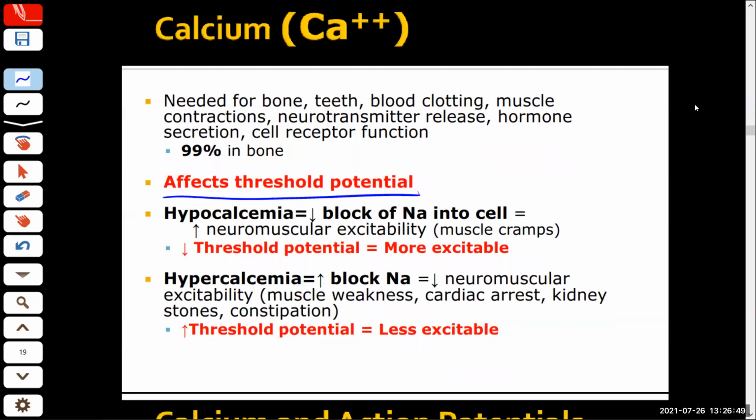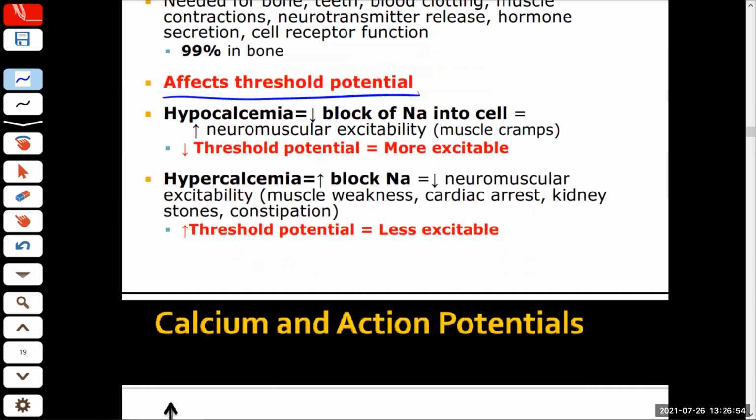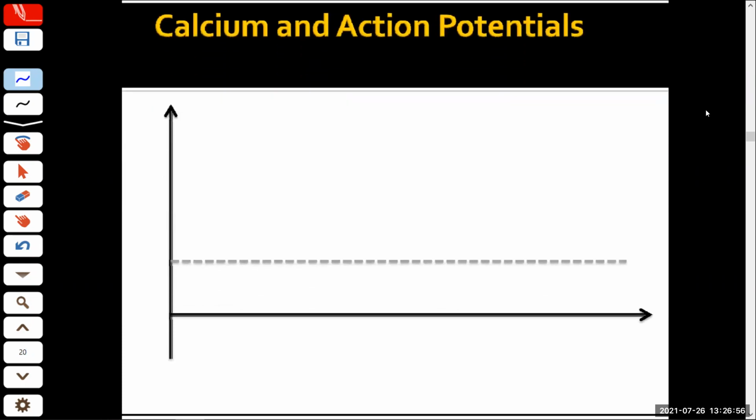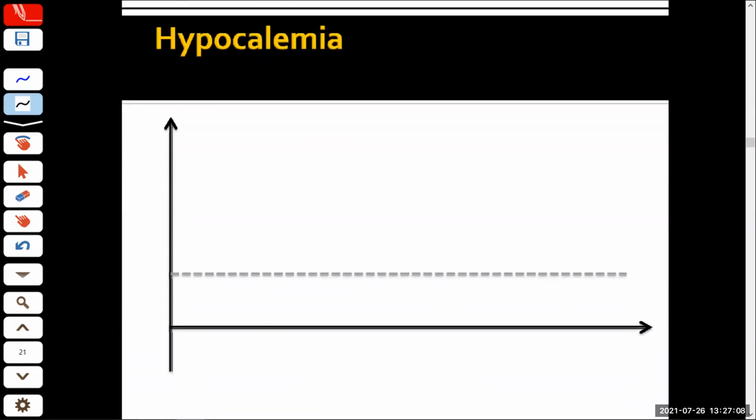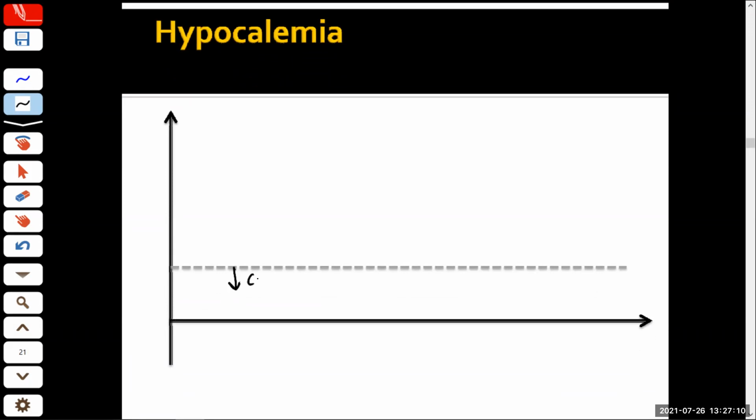Now we're going to come back to this slide because it summarizes it. I'm a visual person, so let me draw it out here. That dashed line is your threshold. Same thing, just drawing out your calcium. With hypocalcemia, arrows going down.